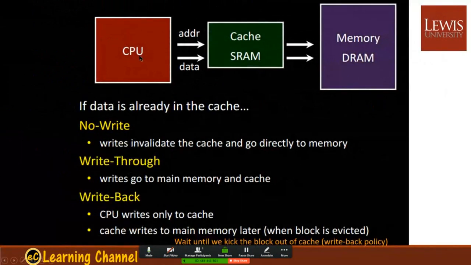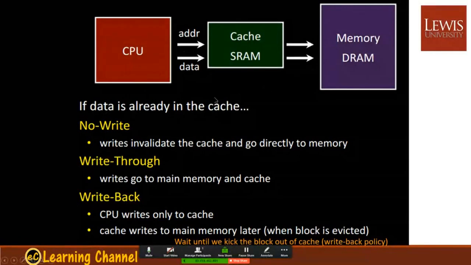So here we have a CPU and there is a cache. We have addresses and data. We would like to access the cache, and the cache talks to memory. So this is our caching hierarchy. If the data is already in the cache, then we do nothing but get the data to read them in or write out.